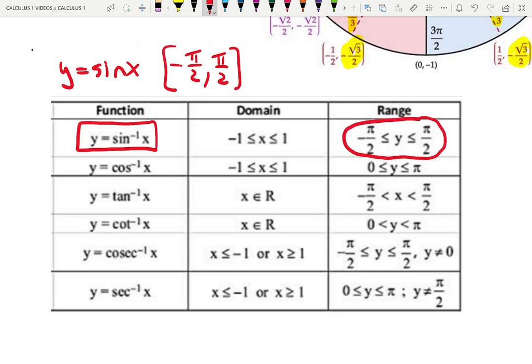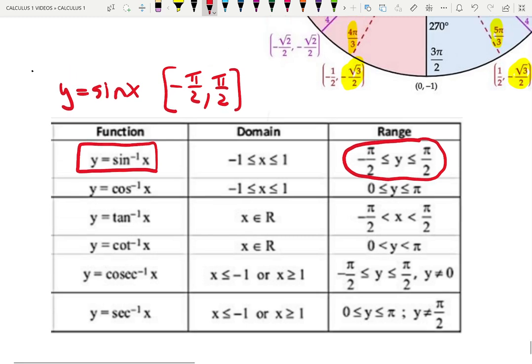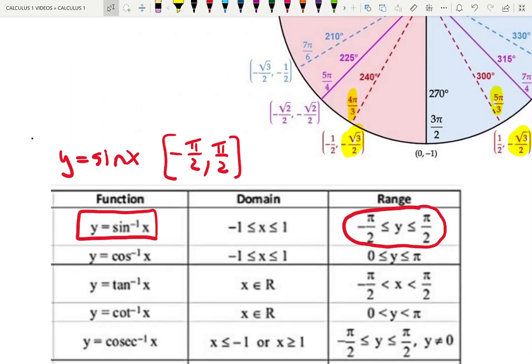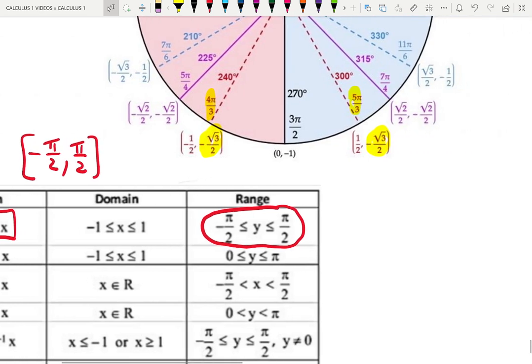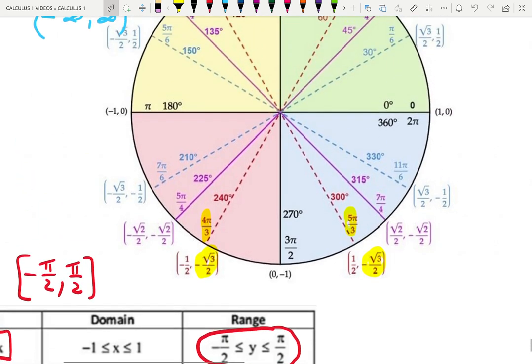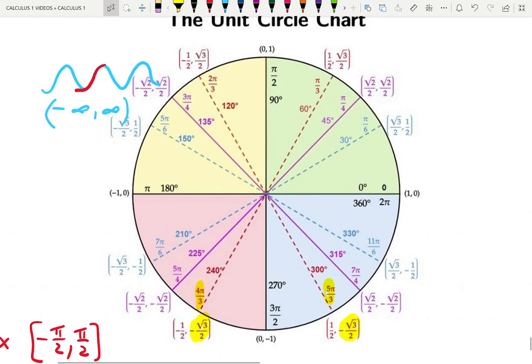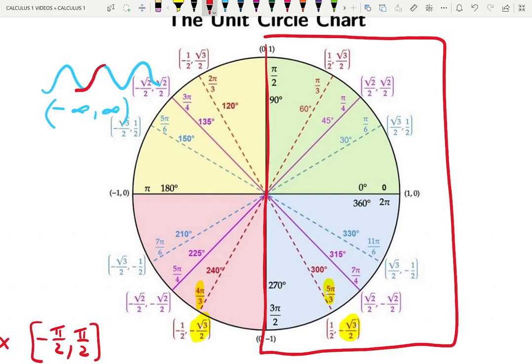And that gives us the answer which point to choose, the 5 pi over 3 point or 4 pi over 3. Since we have to stick to the y's between negative pi over 2 and pi over 2, we only have to look at the first and fourth quadrant. As you remember, there are 4 quadrants.